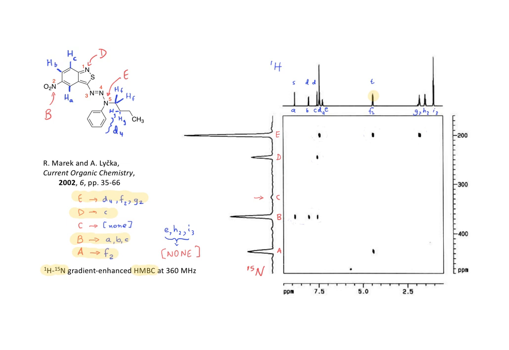Nitrogen 3 is then too far away from any protons for correlation, and we can assign the remaining protons E, aromatic at the para position, and then H2 and I3 for the ethyl terminus.